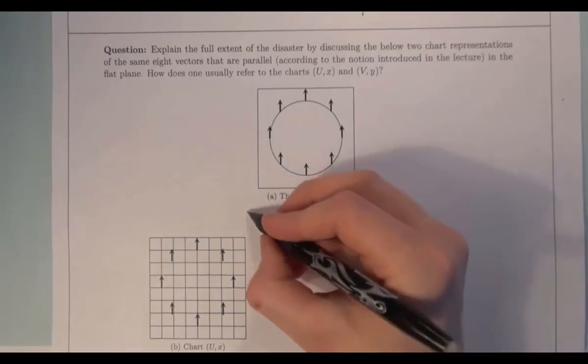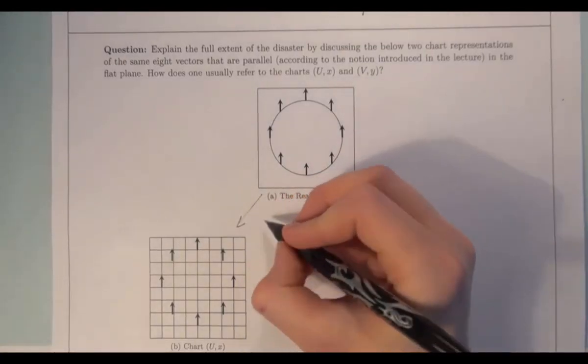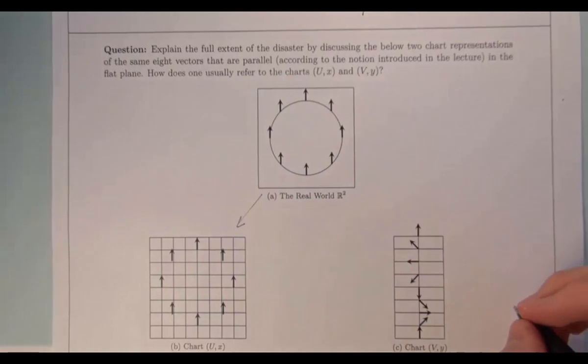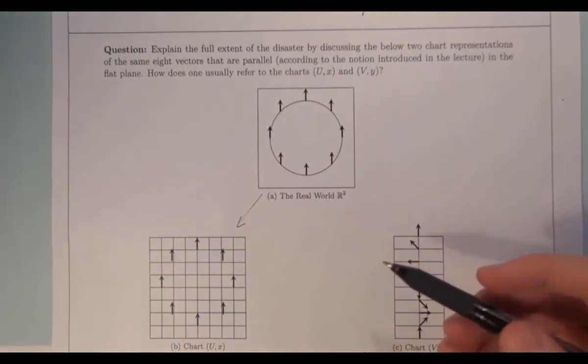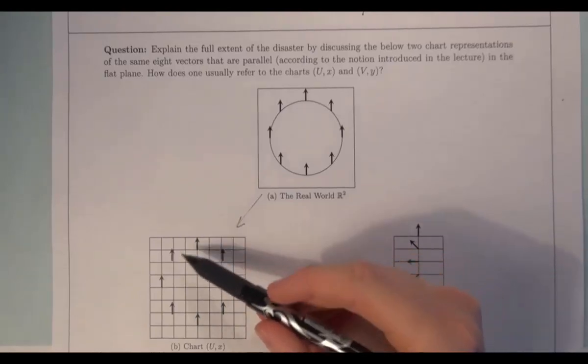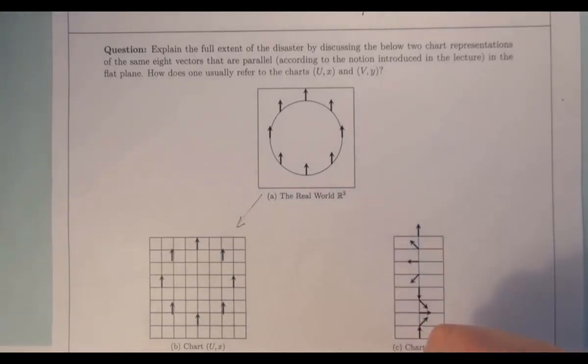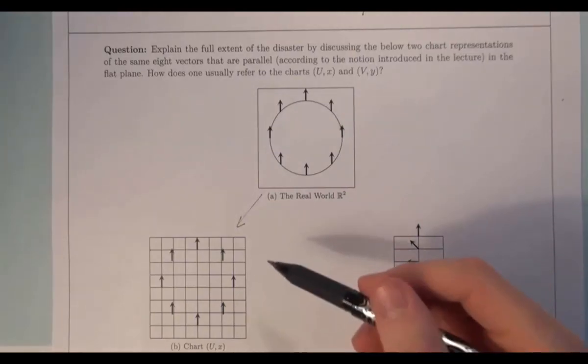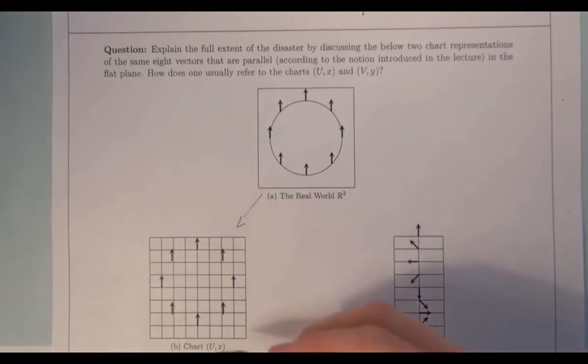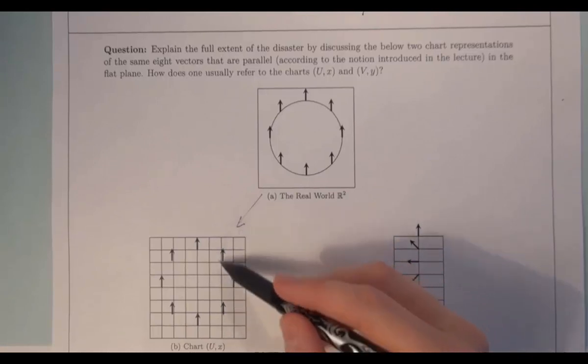And now we go to the chart Ux, which is just our Cartesian chart, so to say. And there we see, okay, these vectors are still parallel, and even parallel in the sense Hänschen defined, so all the components are still the same.